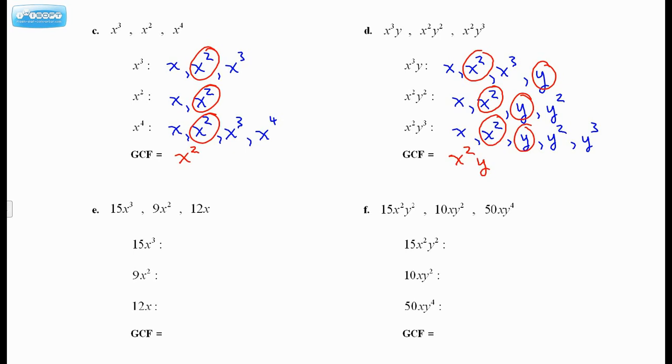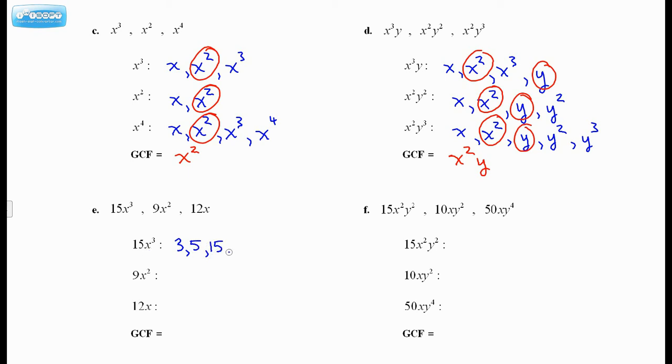All right, so part E, now we're just mixing up numbers with variables, so that's okay. Let's just do the numbers first. So 15, the factors of 15 are 3, 5, and 15.